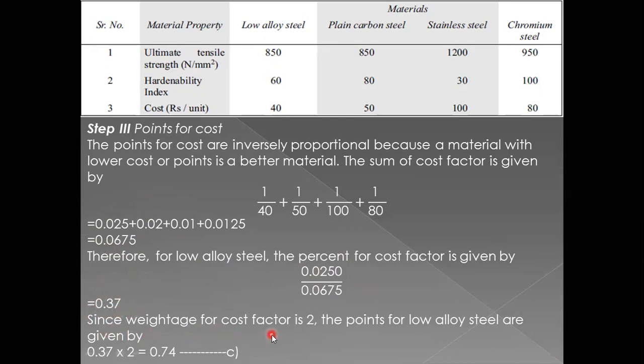Since weightage for cost factor is 2, the points for low alloy steel are given by 0.37 into 2, which is equal to 0.74. Let us consider this as equation C.